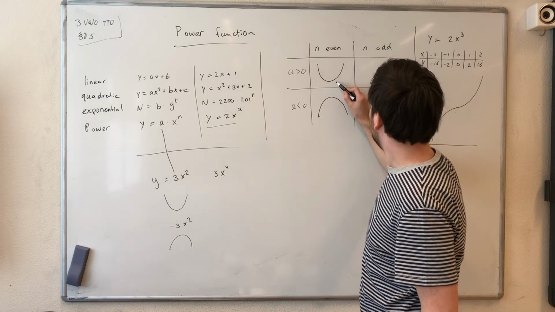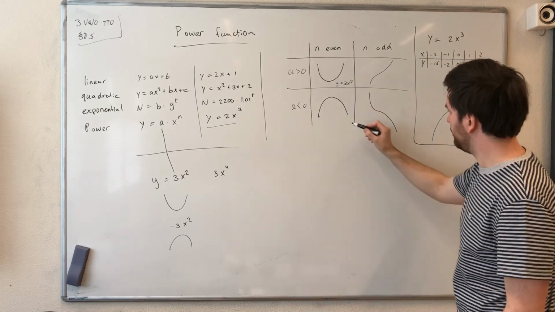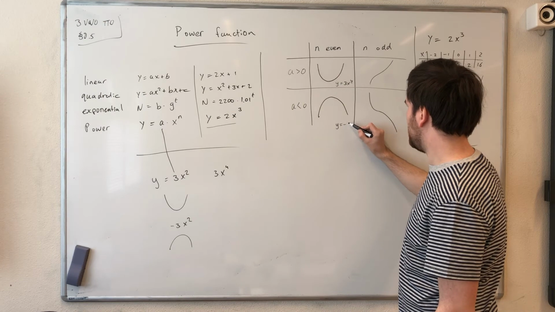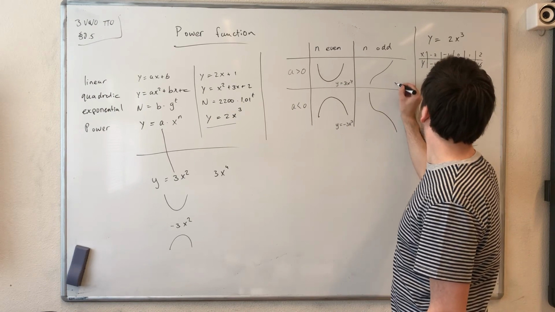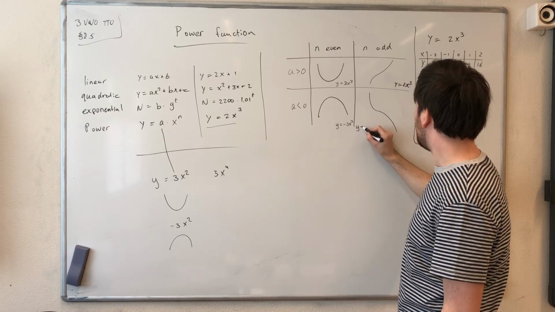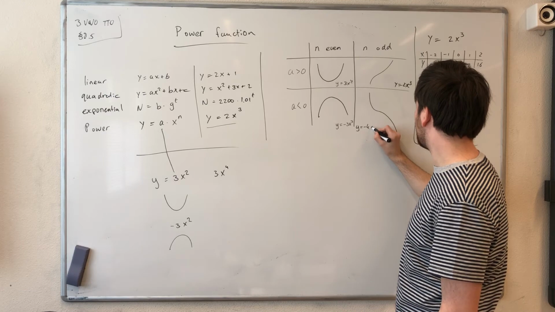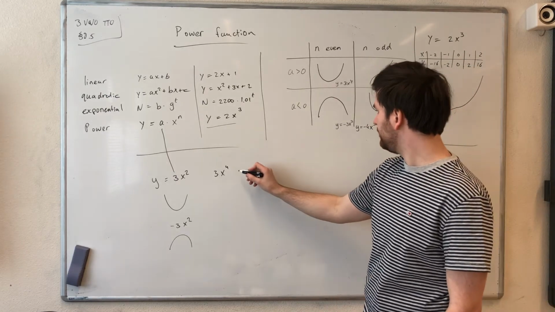So this could be y equals 3x to the power of 4, y equals minus 3x to the power of 2, y equals 2x to the power of 3. This could be y equals minus 4x to the power of 5.